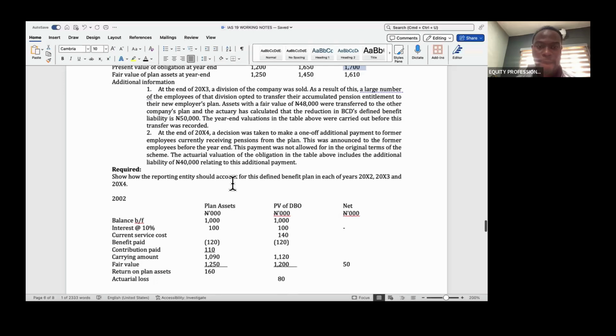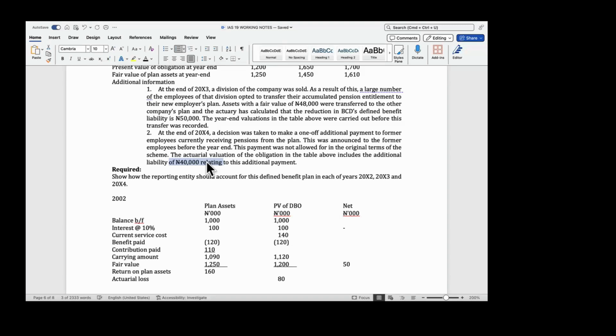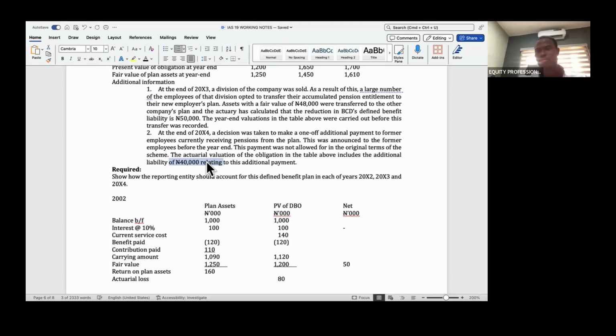So what's this talking about? What's this 40,000? Can anybody help? Looks like is there an amendment? That's absolutely correct. It is an amendment.